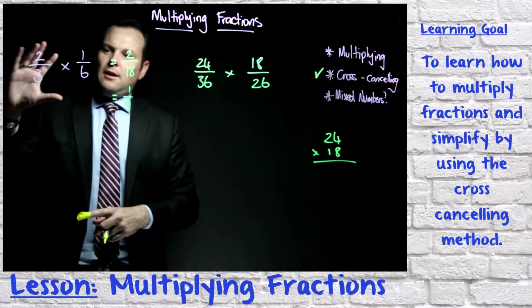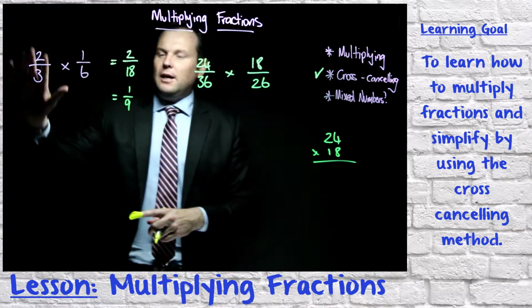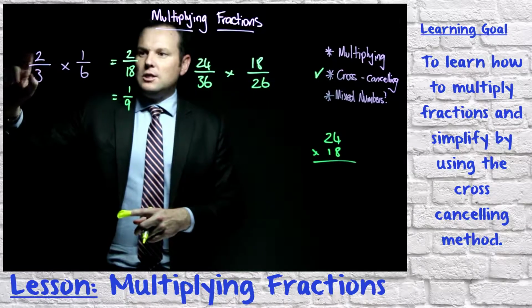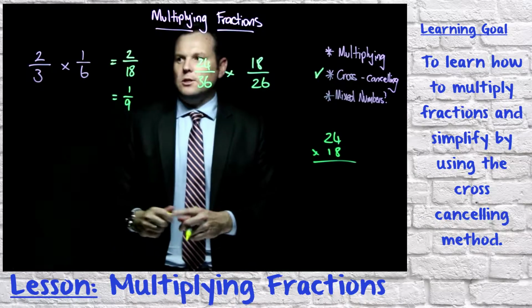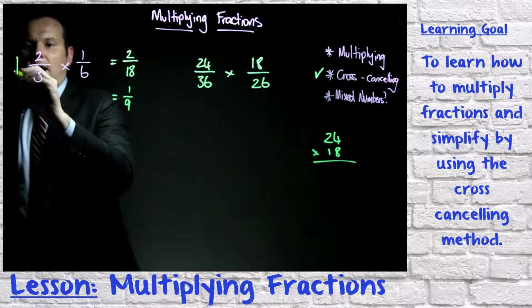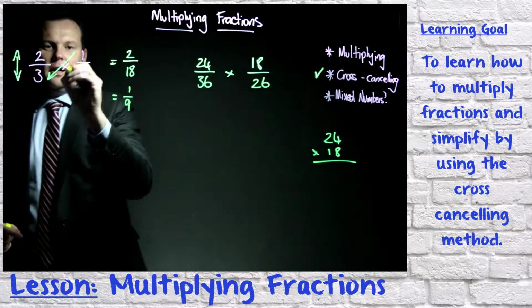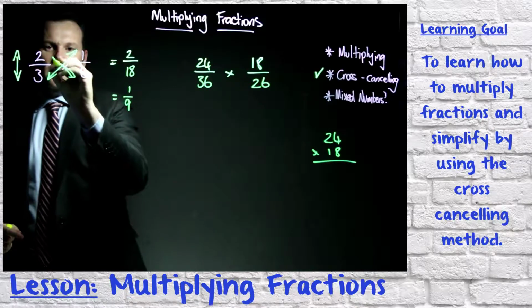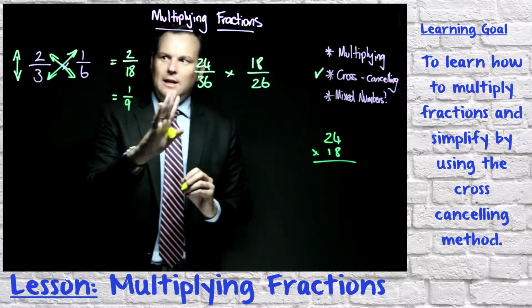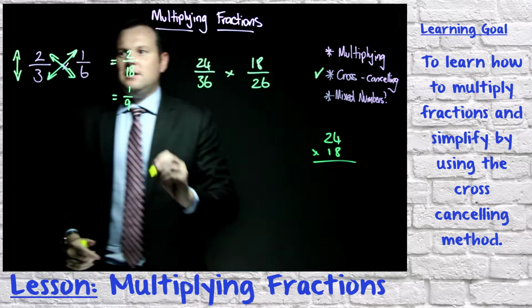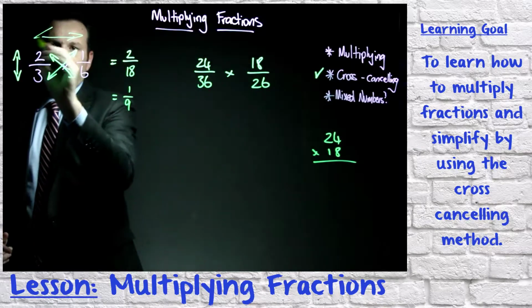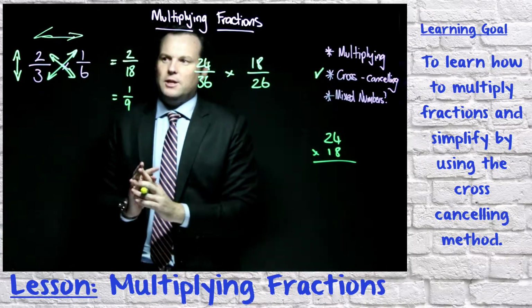But cross-cancelling allows you to simplify in more places rather than just up or down. You can simplify up and down, you can simplify diagonally, but you can never simplify side to side.